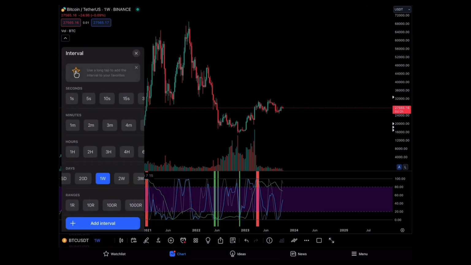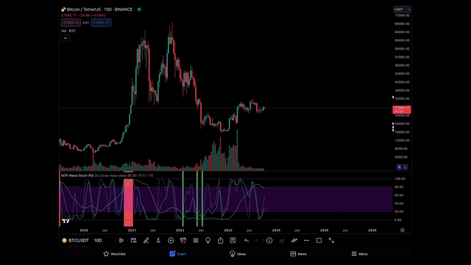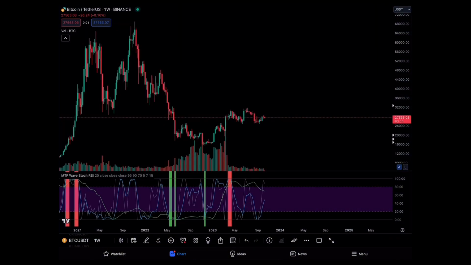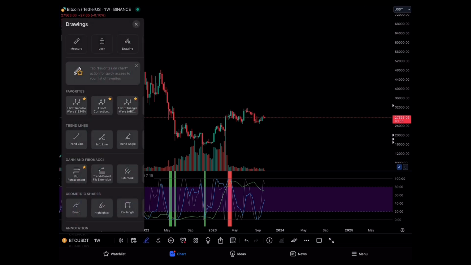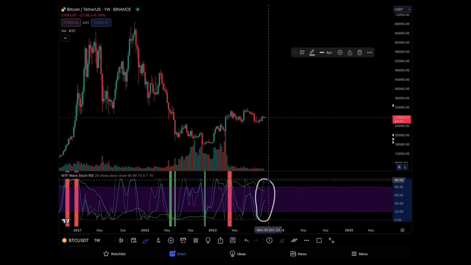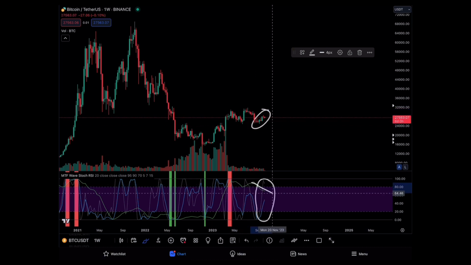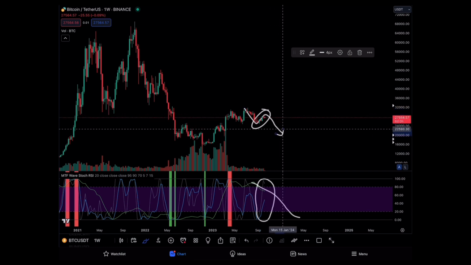So immediately when I look at Bitcoin, one thing I'm seeing on the 10-day and also the 1-week chart is that we are currently tapping up. So this here is showing like one wave, and this green MTF is showing like it's coming down. So what this is telling you is simply that this did probably like an ABC.